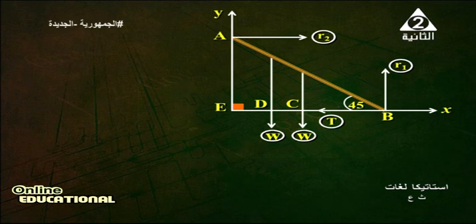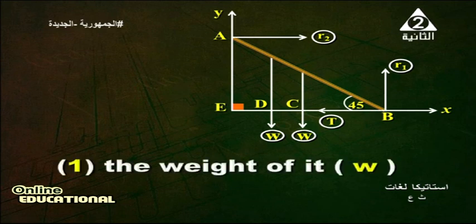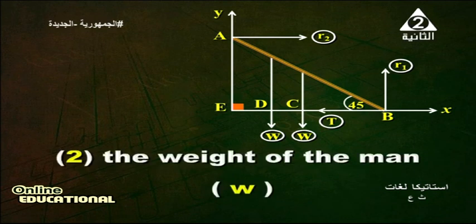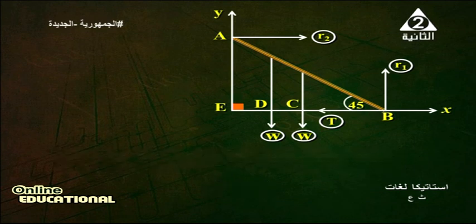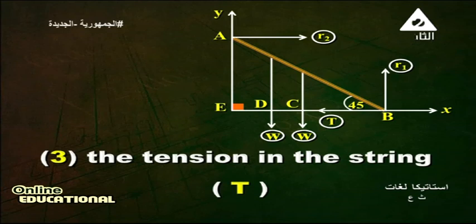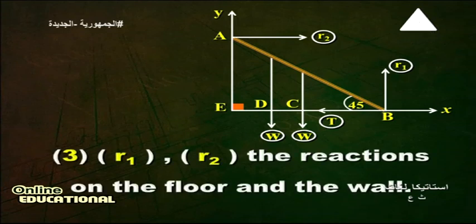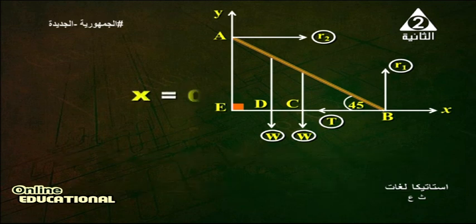We have two weights. The weight of the ladder is W. The weight of the man is also W. The tension in the string is T. Then R1 and R2 are the reactions of the floor and the wall. These are the forces which act on the system.